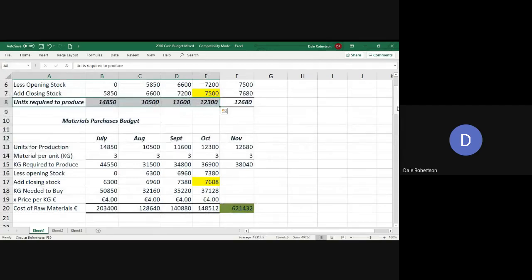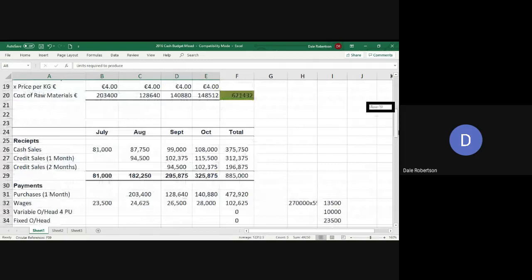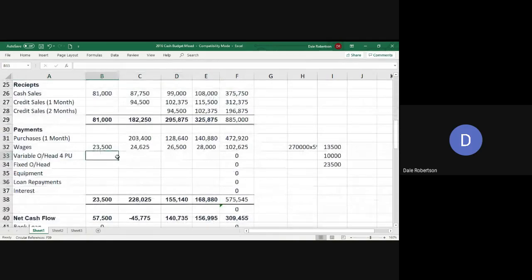So 14,850 by 4 is going to give you 59,400. They reckon that €4 per unit covers their electricity, heating, cleaning and maintenance and all these variable overheads that they will have. 46,400 here and 49,200 here.